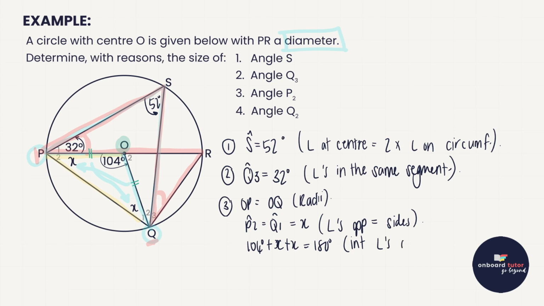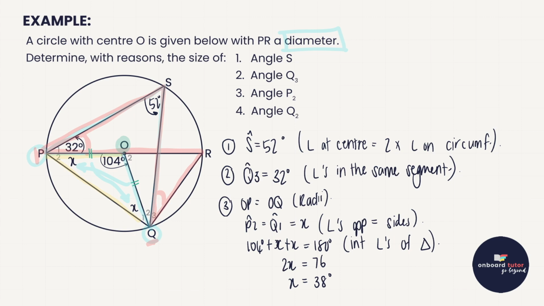Interior angles of a triangle. And then we just need to calculate. We'll have 2X is equal to 180 minus 104. So that's going to be 76. And then we'll divide. And X is equal to 38 degrees there, which is what we let angle P2 equal to up here. Okay, so there we go. A nice one to solve.